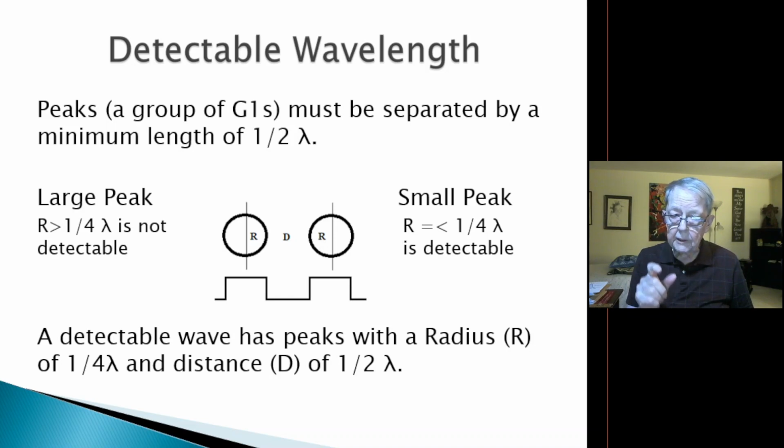And this is very critical at where the ultraviolet catastrophe happens. On the other hand, you can have any number of smaller peaks. It can be equal to or less than 1/4 of a wavelength. As these get real small, you've got a bigger space, relatively speaking, and that's detectable.